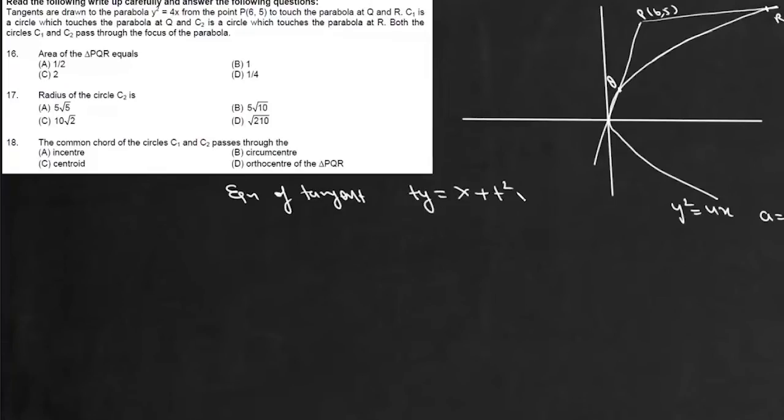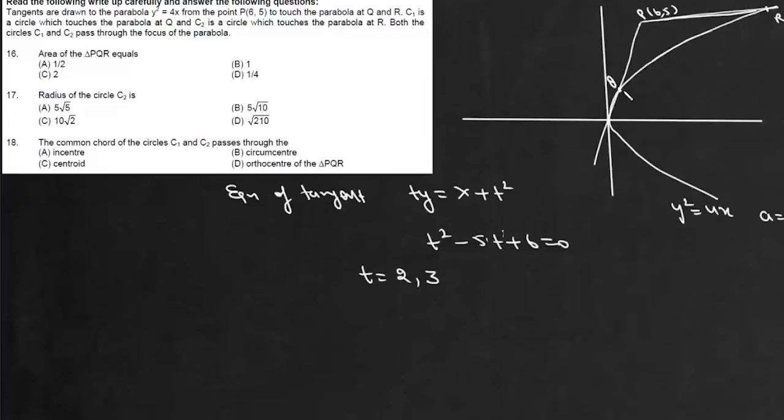So in this case it will be ty equals x plus t square. Now we need this tangent which passes through this point (6, 5). So we'll put x as 6 and y as 5. So we'll get t square minus 5t plus 6 equals 0. So here the value of t will be either 2 or 3.